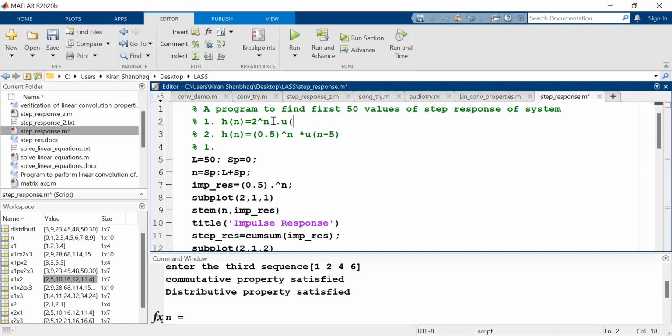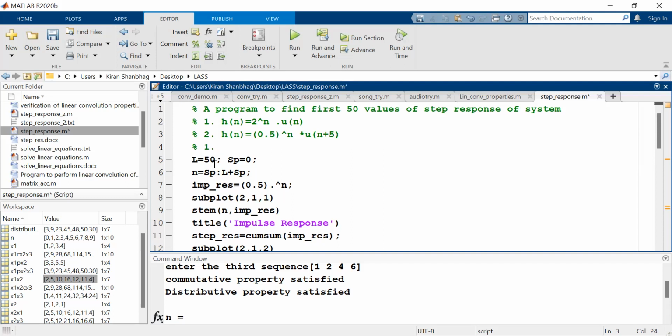Alpha to the power n u of n exists only on the right side, because I'm talking about a causal signal. Whereas this second signal starts from u of n minus 5, so it starts from plus 5. Let me have n plus 5. It doesn't matter, and let us start.